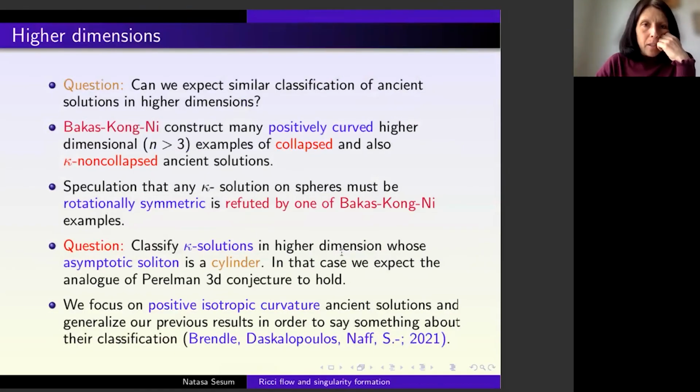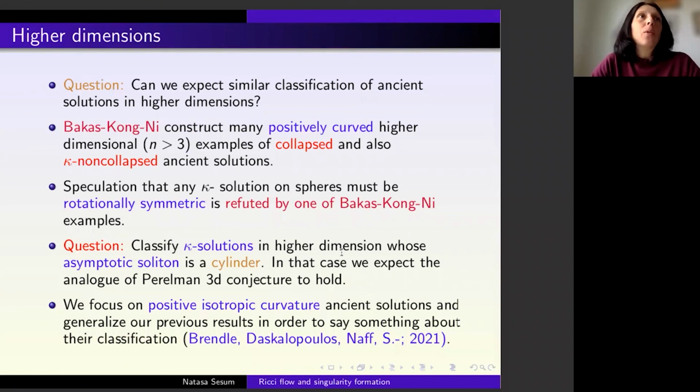What about higher dimensions, right? Can we expect a similar classification of ancient solutions in higher dimensions? Well, then the situation becomes even more complicated, because Bakas, Kong, and Ni constructed many examples which are positively curved in higher dimensions, which are both collapsed and non-collapsed also.